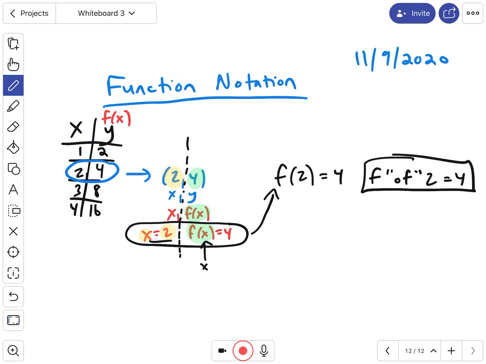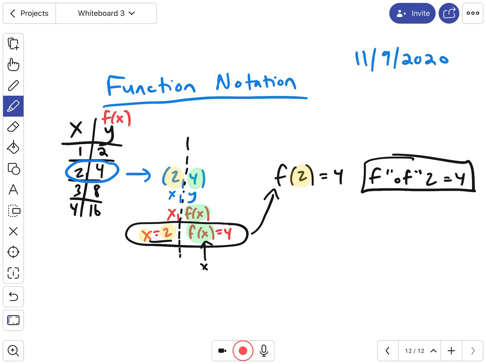All this is saying is that the x is 2, because that's where the x was over here. This x value by itself is 2, and then the y value is 4.